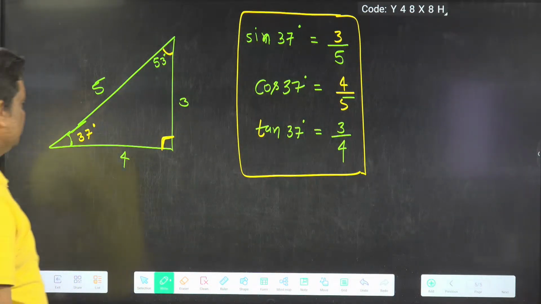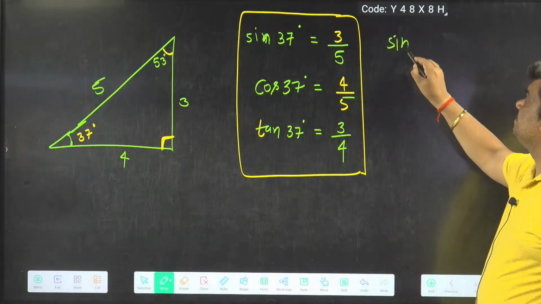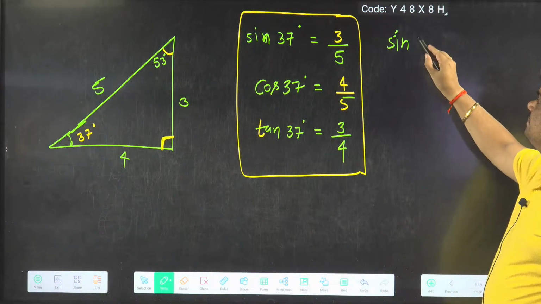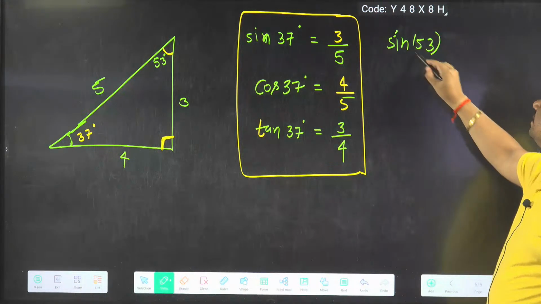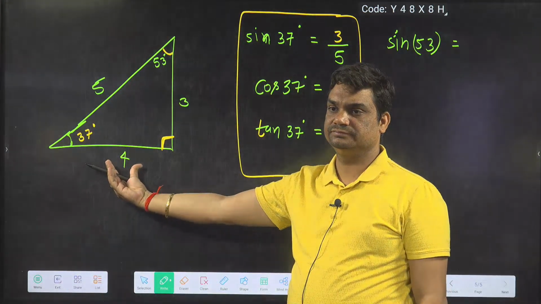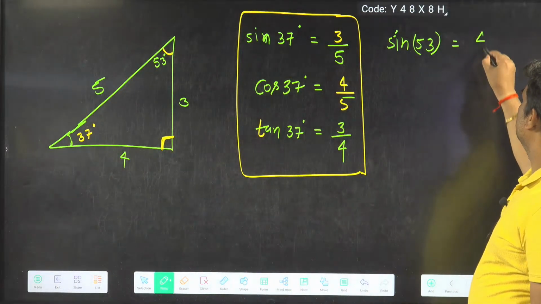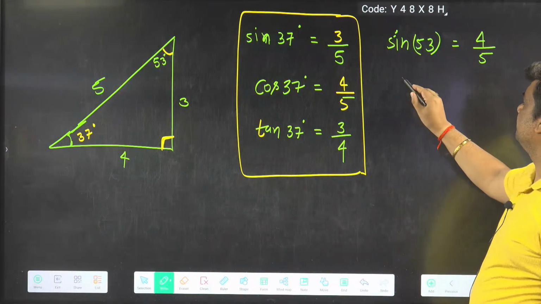Same thing for 53. Sine 53: for 53 degrees, the opposite side is 4, so sine 53 is 4 by 5.